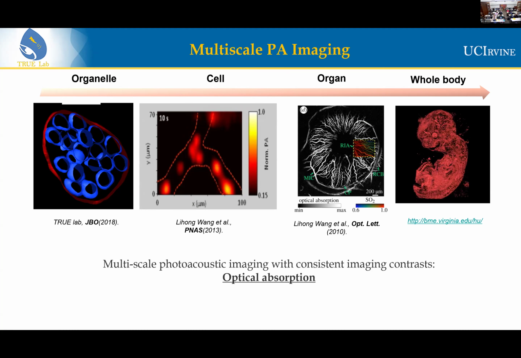And the second one, I think, is the video. This is one of the papers published by Lihong Wang's group. You can see how a single red blood cell moves within the capillary, right? Any of you know how big a red blood cell typically is? What's the typical size?